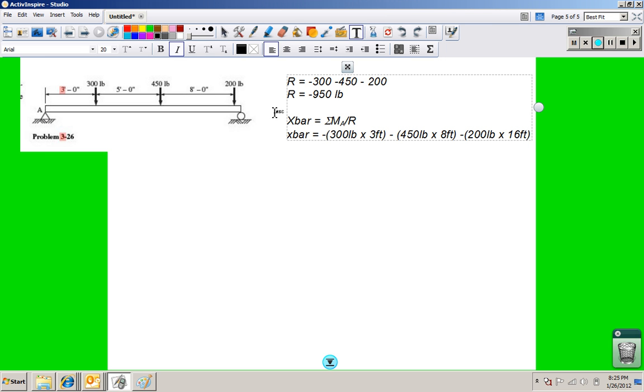Alright, then we're going to have this whole thing divided by a negative 950 pounds. So let's see what we get when I plug all these things in. Just go into my calculator.